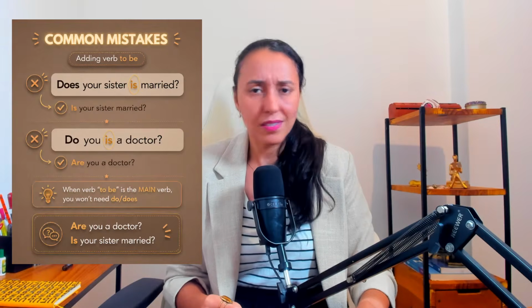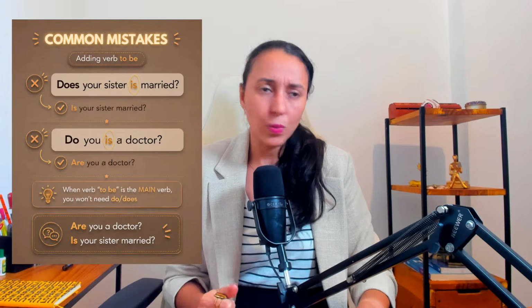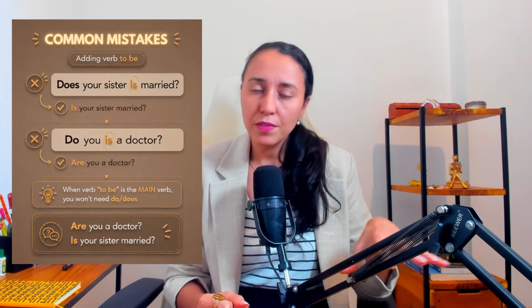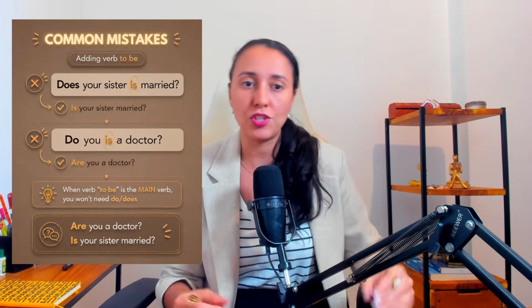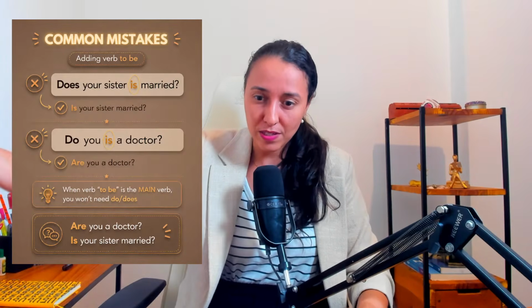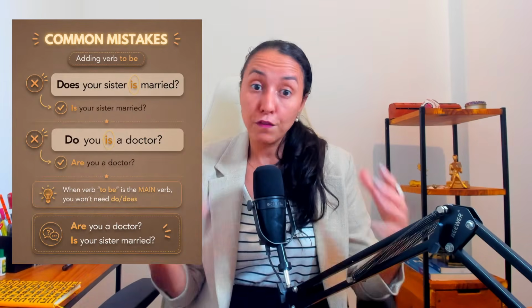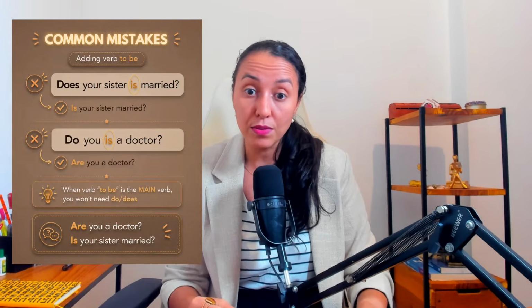Are you hungry? Are you sad? Is your sister a doctor? Are you American? Is your course 100% in English? Are they your neighbors? So they are very simple questions. They are not really complicated questions, okay? I can make more advanced questions, but in a nutshell, if verb to be is the main verb, it doesn't work, okay? You cannot do that.